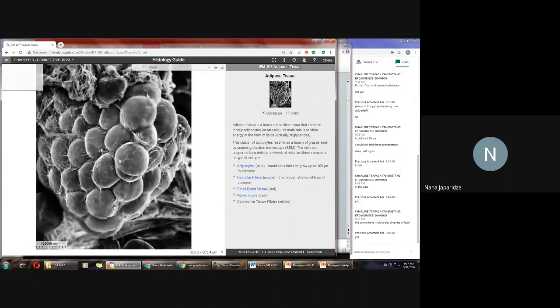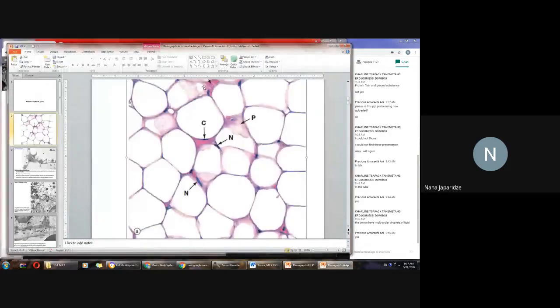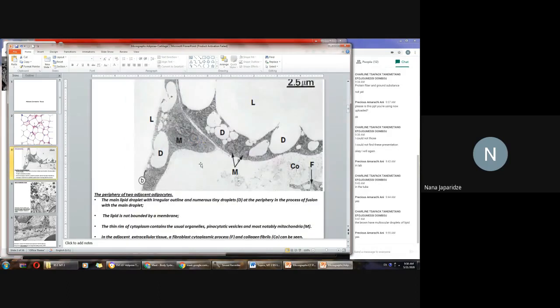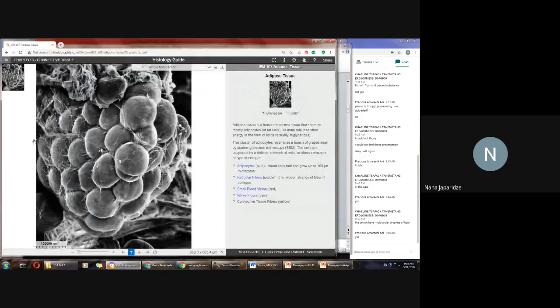So white adipose tissue in light microscopy, images of the transverse sections of the cells, and this is a TEM image and only a small part. This one is scanning electron microscopy.